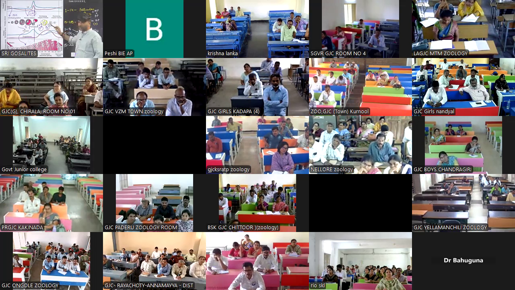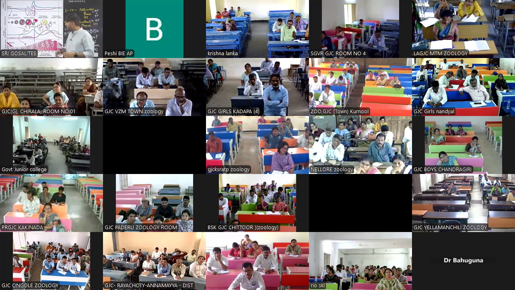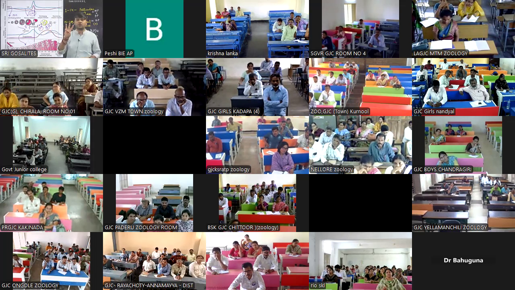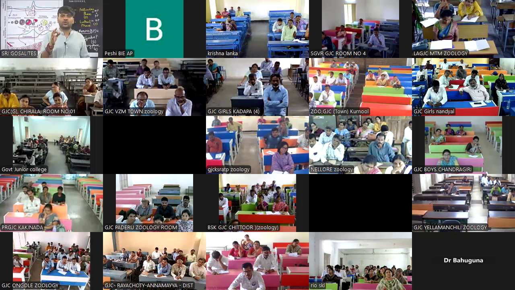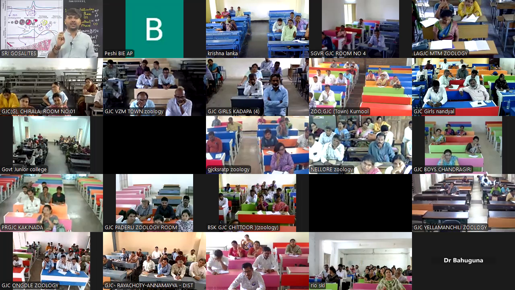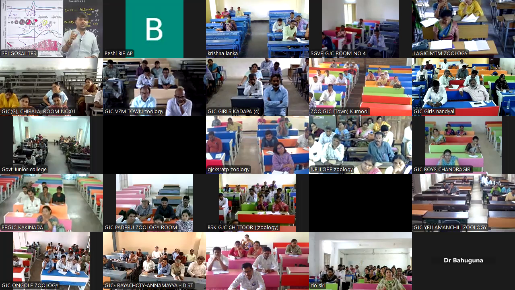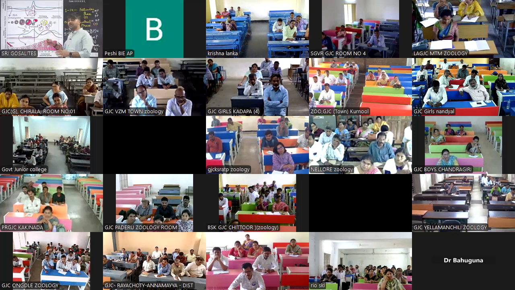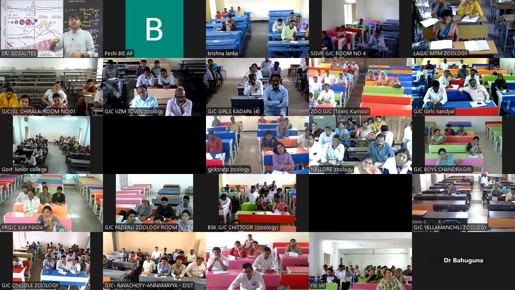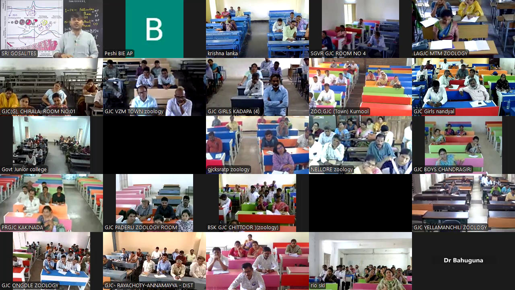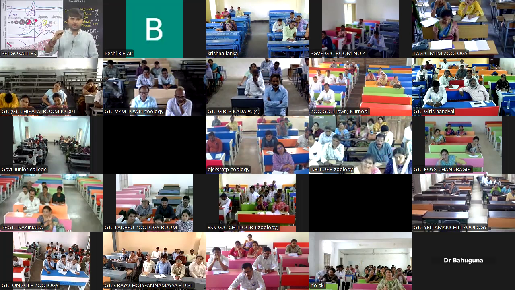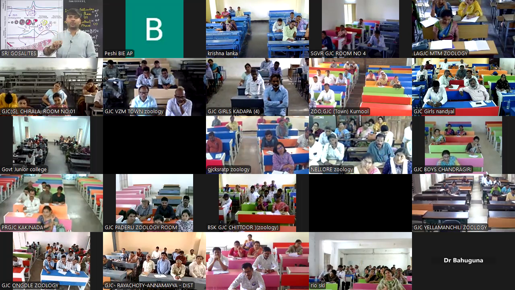Inhibin, negative feedback. Respected teachers, estrogen, progesterone, and inhibin, all these three hormones give negative feedback. Inhibin inhibits. Inhibin gives negative feedback. And it came in the NEET exam also, and in the four options, all four options were correct.